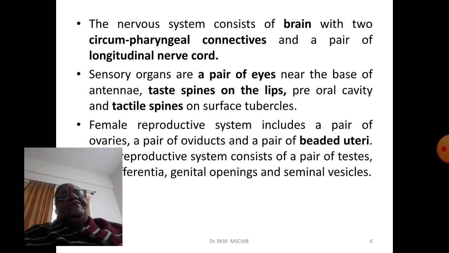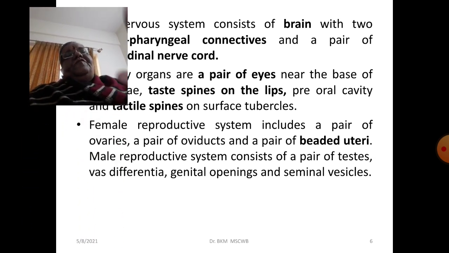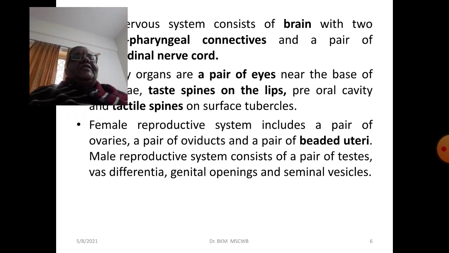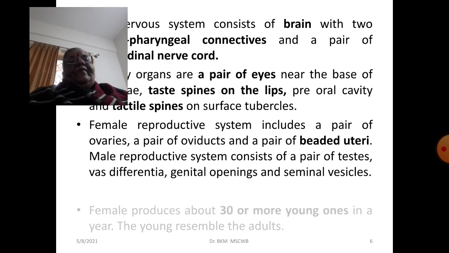Then the female reproductive system consists of a pair of ovaries, a pair of oviducts, and please note you find a pair of beaded uteri, uterus singular, uteri plural, a pair of beaded uteri. And then the male system consists of a pair of testes, testes plural, testis singular, please note, a pair of testes, vasa deferentia, genital openings and seminal vesicles.